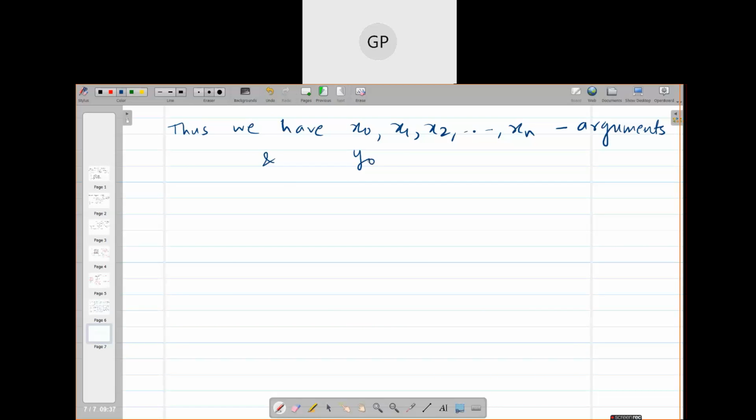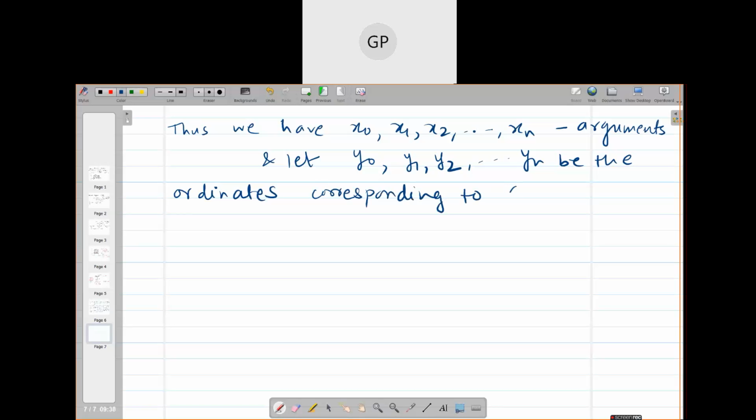And let y naught, y1, y2 up to yn be the coordinates, that is y values, corresponding to the above arguments.